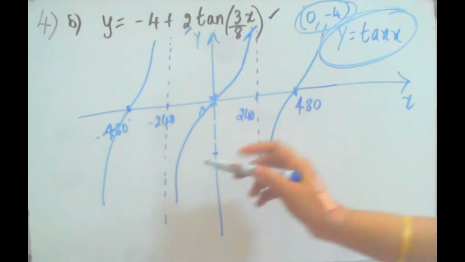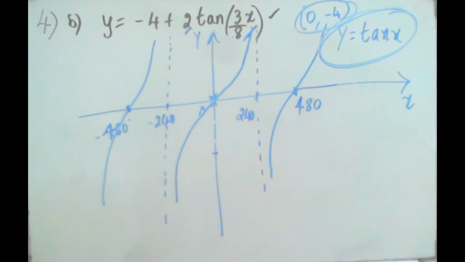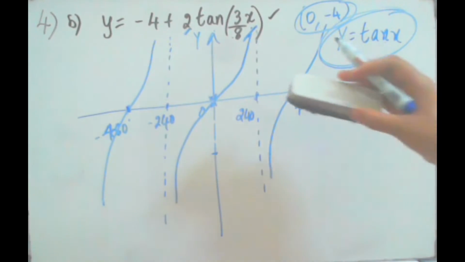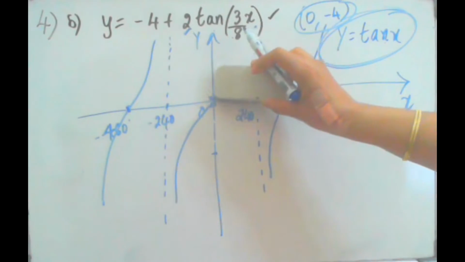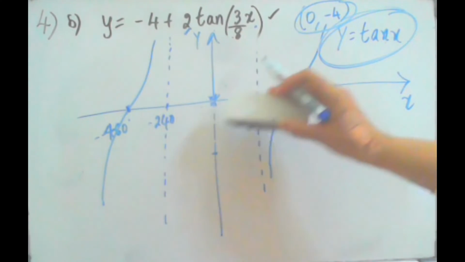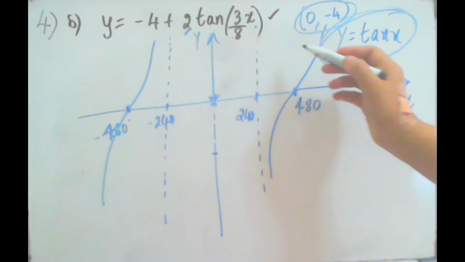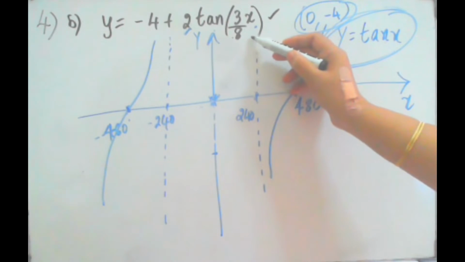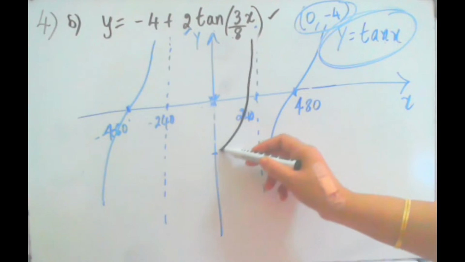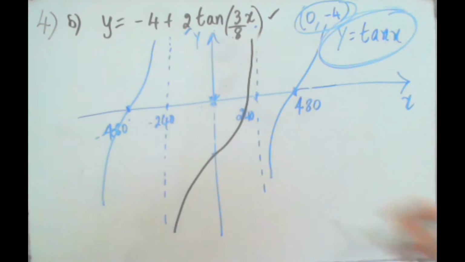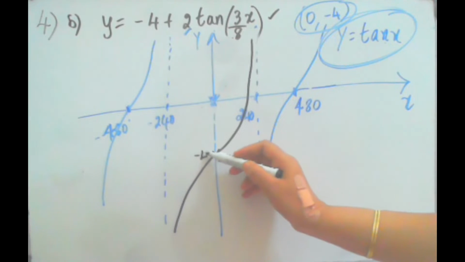So we have to change the graph. Look carefully, how am I going to draw it? The new graph will look like this. Here this point is -4.